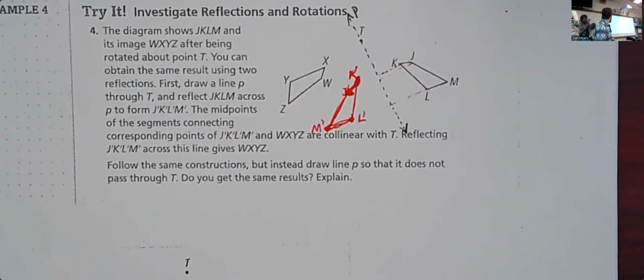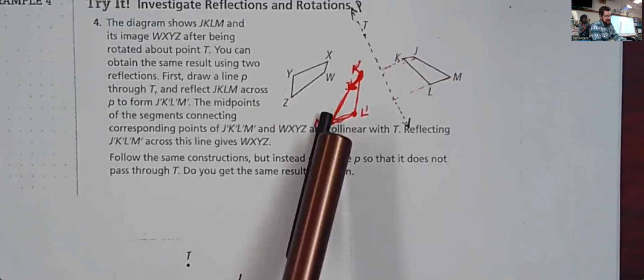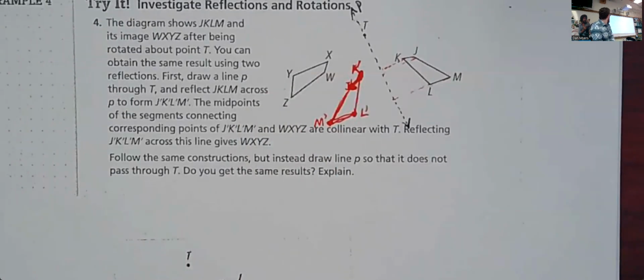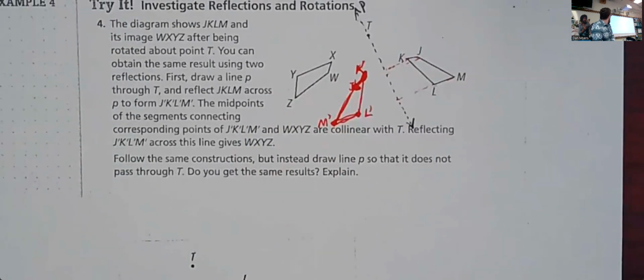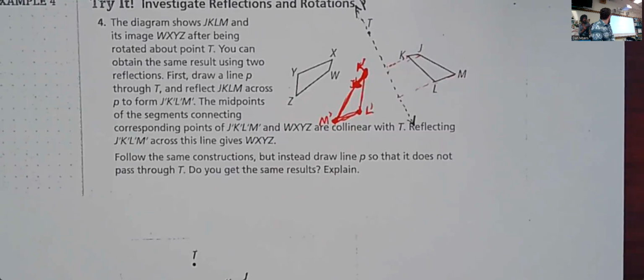So it says, draw a line through T reflected. Okay. And then it says the midpoints of the segments connecting this shape to that shape would end up having our other line of reflection.